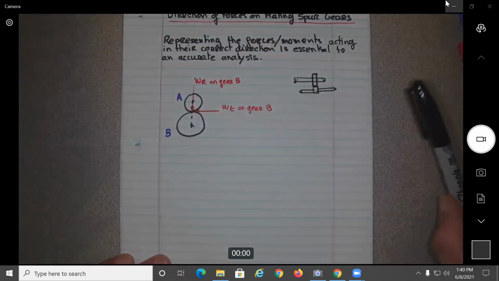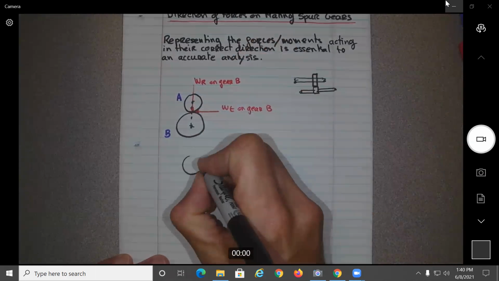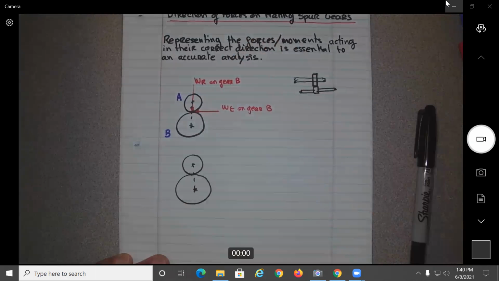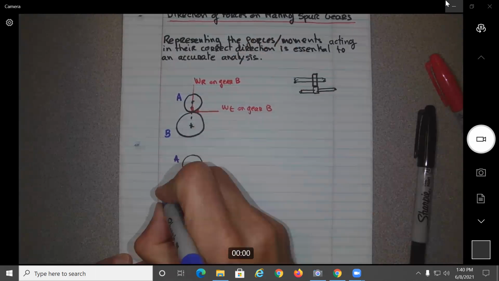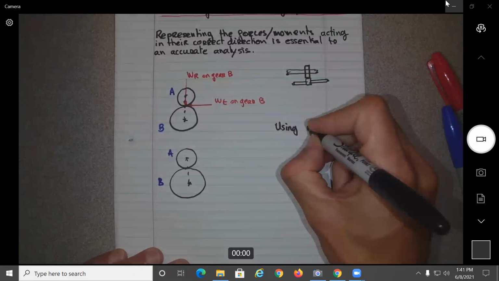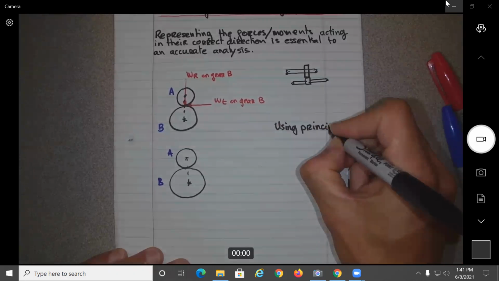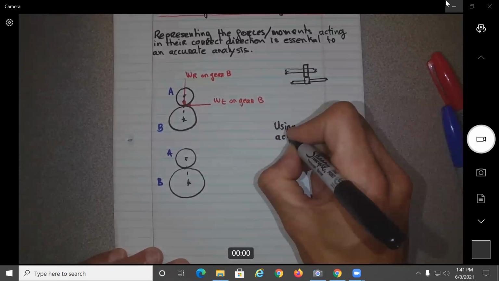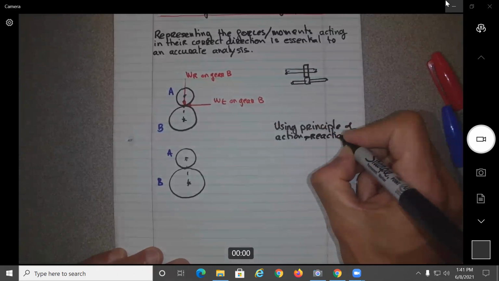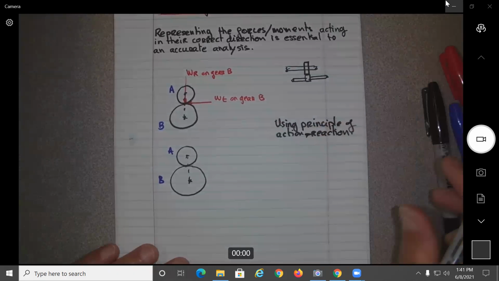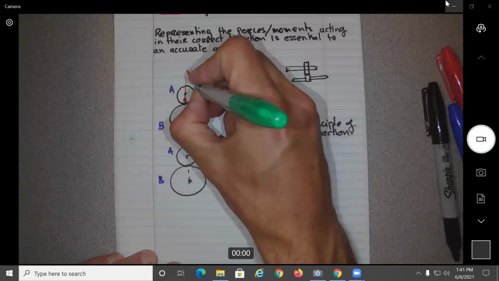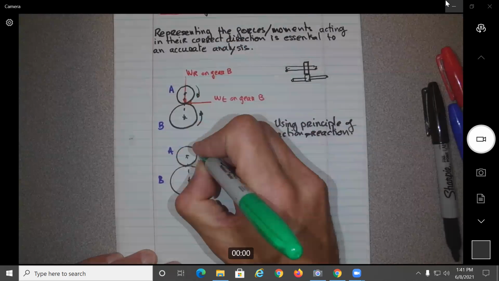So if I do the same figure, okay, so using the principle of action reaction, so remember, this is moving in that direction, this will be moving in that direction, this is moving in that direction, this will go in that direction.